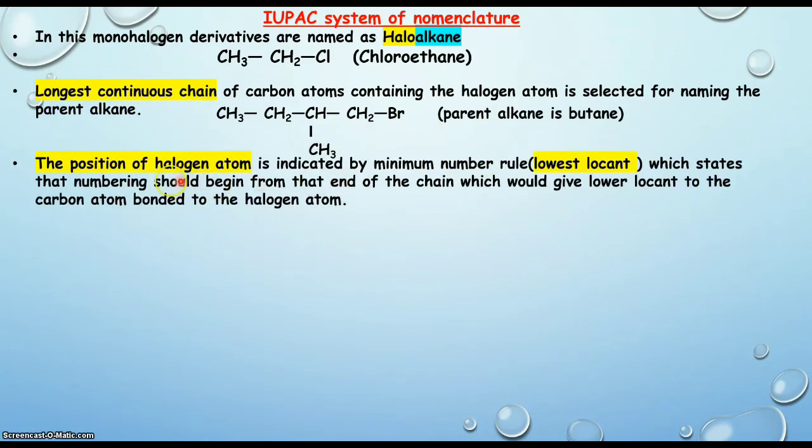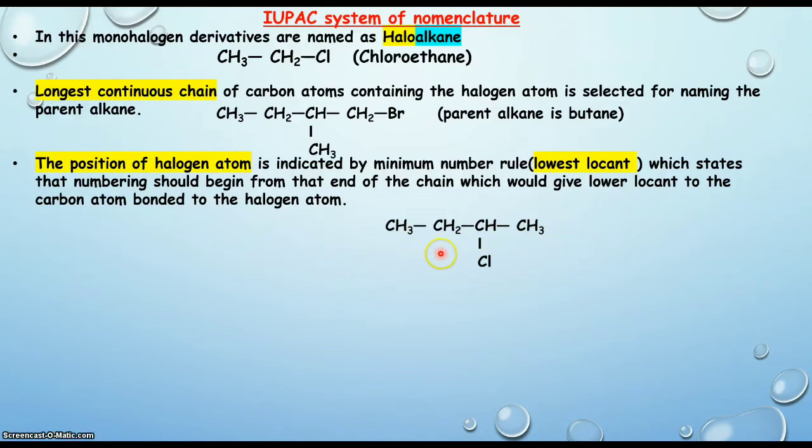The next one, while numbering, we also have to consider the position of the halogen atom, which is indicated by the minimum number rule, that is the lowest locant rule. Here is the example. In this example, we can start numbering from the right hand side or from the left hand side.